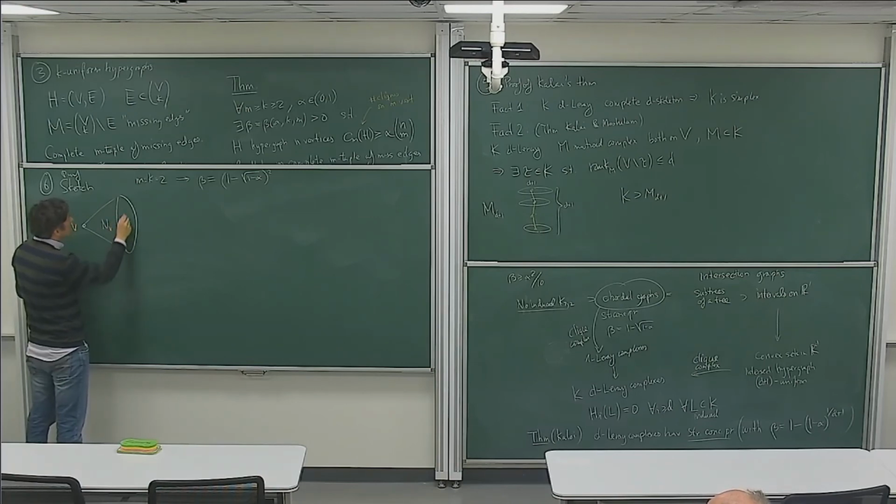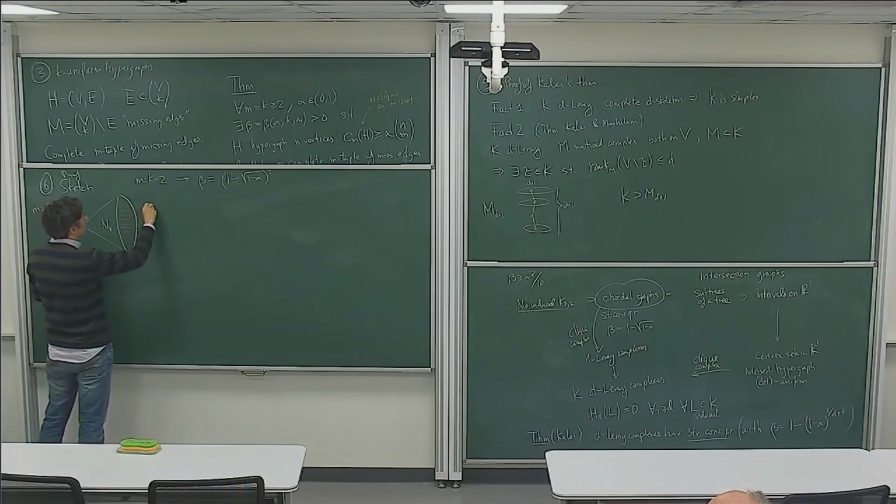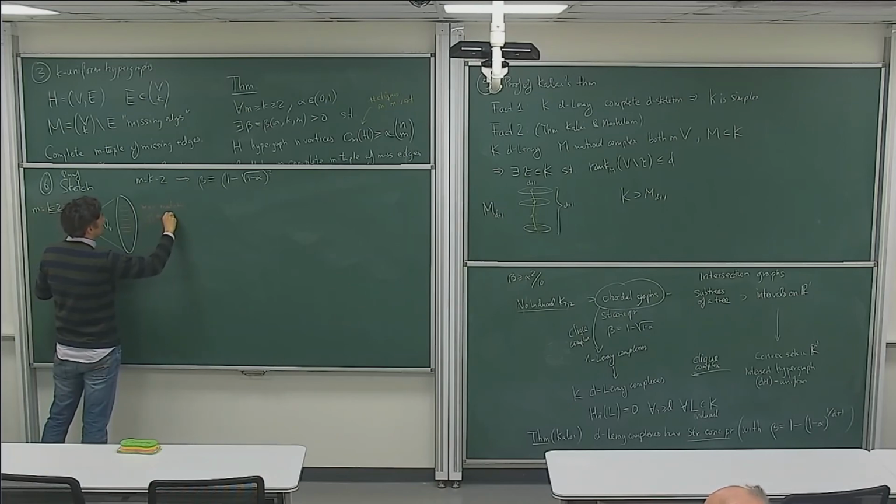So I'll take a maximal matching of missing edges. Okay, so this is a max matching of missing edges. It has size mu of v.